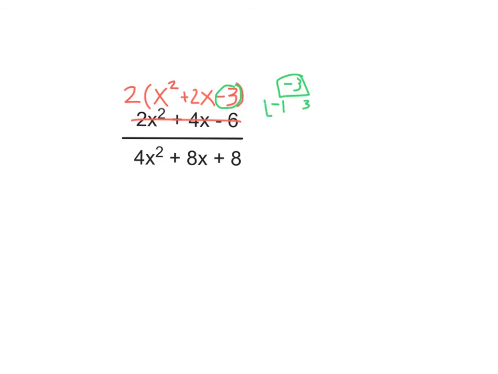And notice that those do indeed add up to 2 right there, the b term. So now we can continue our factoring. Do not forget that 2 out front. So x times x goes here, and then minus 1 and plus 3. So that is our final factored form for the numerator.